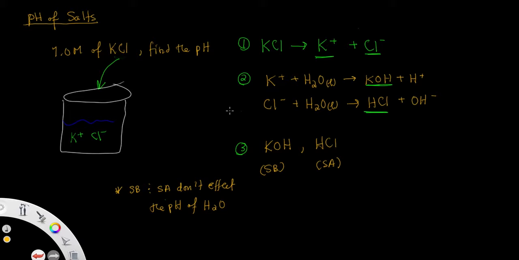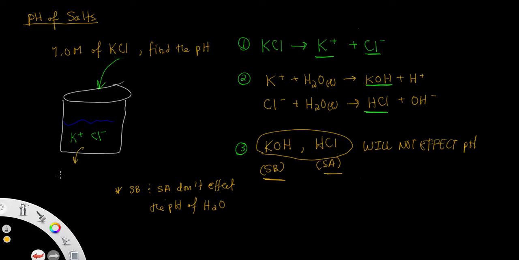So if we have a solution with a strong base and a strong acid, we know that both of these products will not affect our pH. We know that we have a solution of water, and water, H2O, is a neutral solution. It has a pH of 7.00.